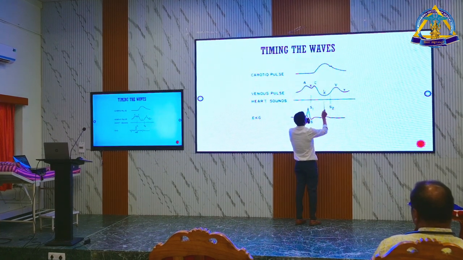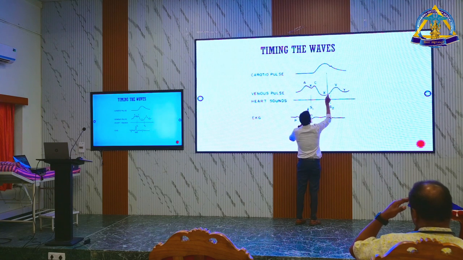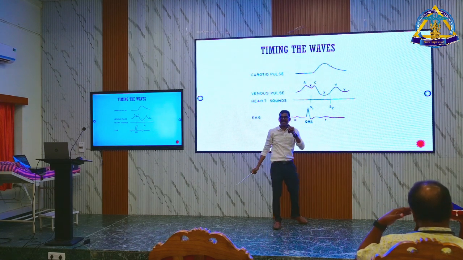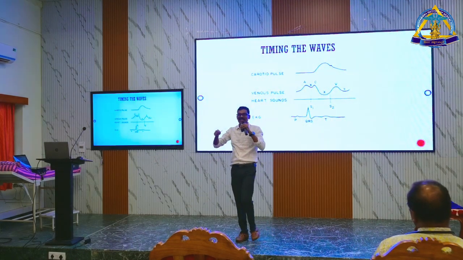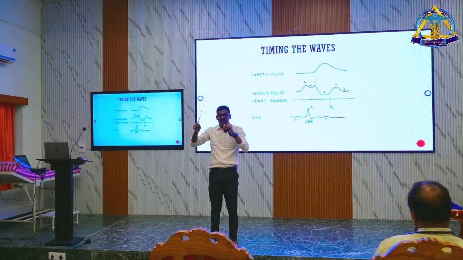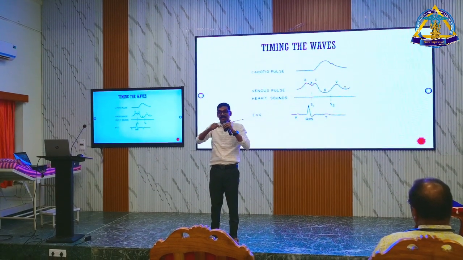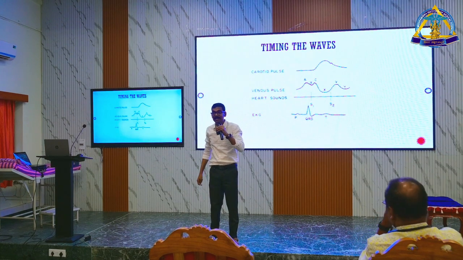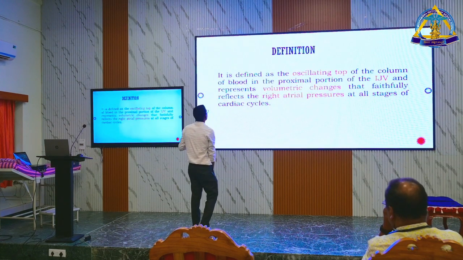I told you relaxation, ventricular systole produces pulse. So during that pulse you have that V wave. So X and V is atrial relaxation, ventricular systole. So the pulse will coincide with what? V wave.